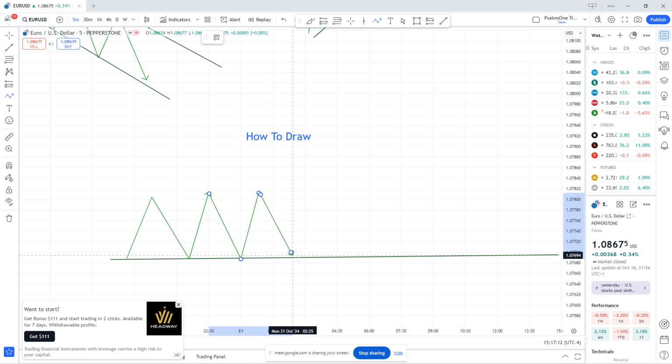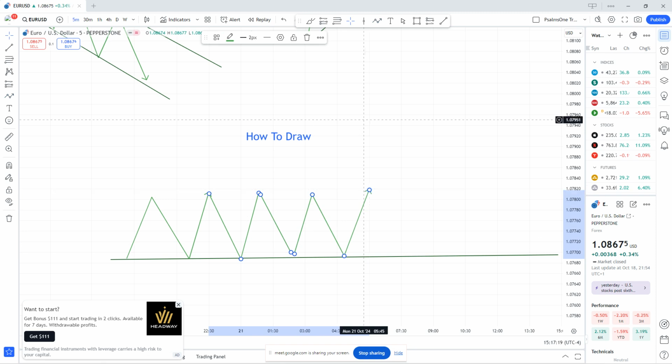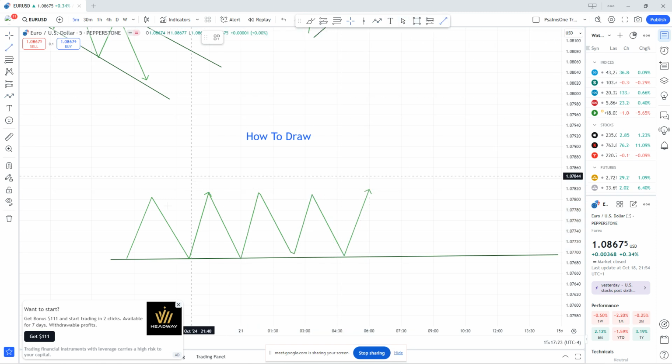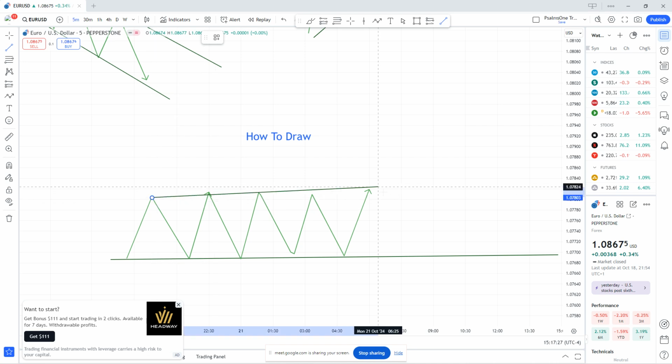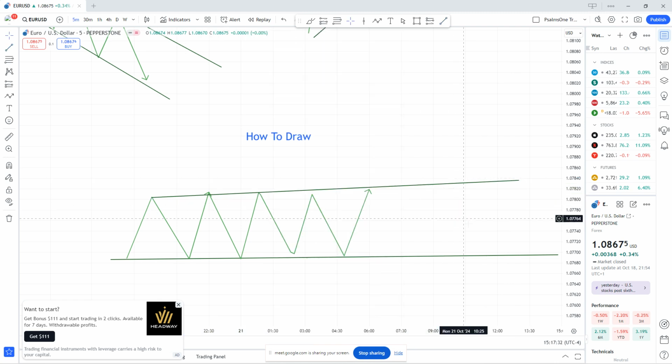That is support. For resistance, just connect the first touch, 1, 2, then when you extend your line and price comes back and touches it there. But don't forget that I'm just telling us how to draw it.